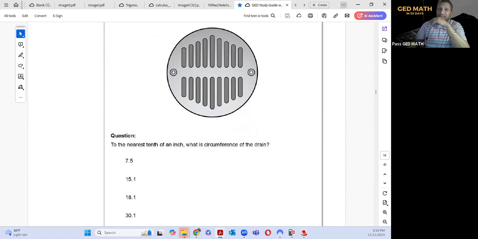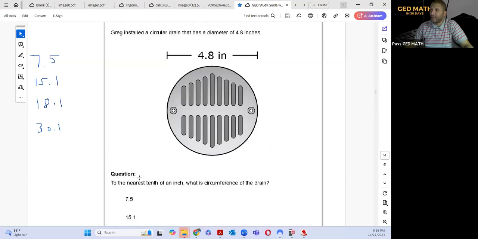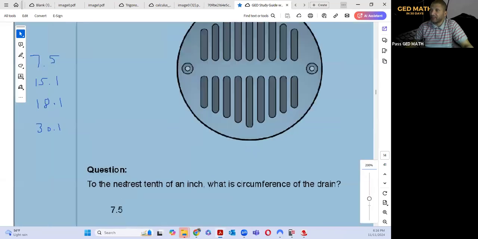To the nearest tenth, let me write the answers down again: 7.5, 15.1, 18.1, 30.1. That way I can make this nice and big so we can see it nice and clear.